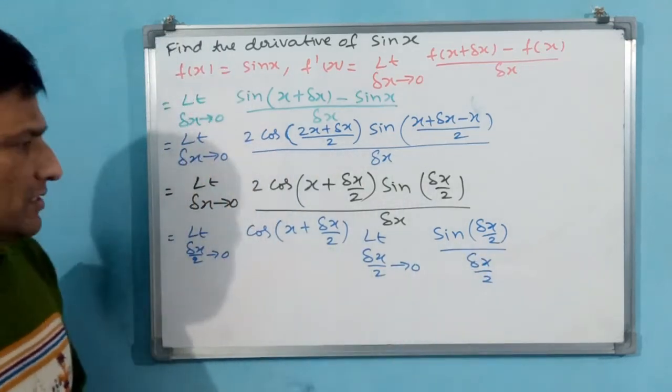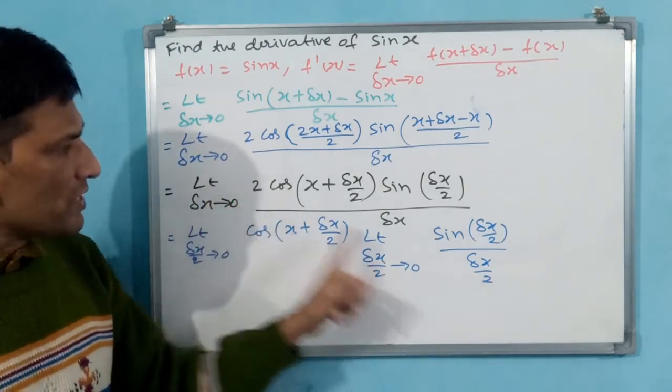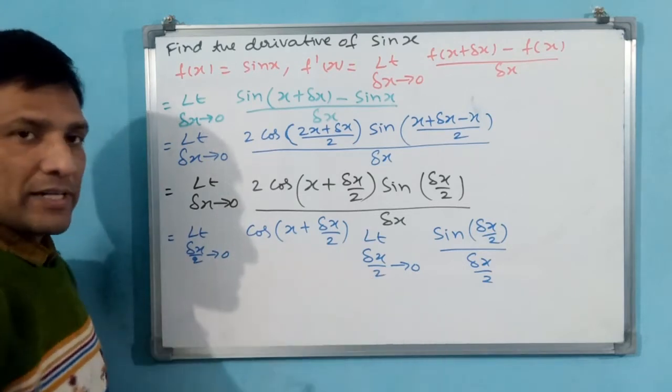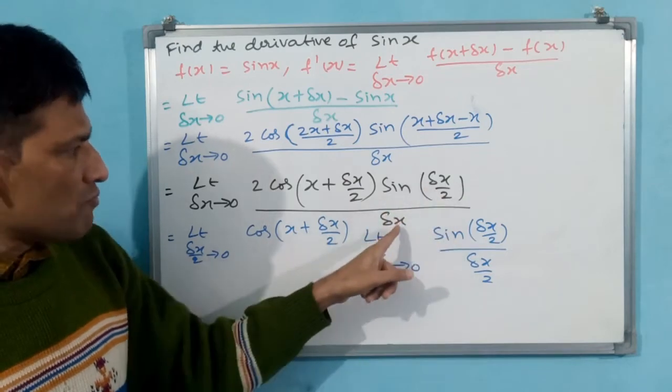See, this delta x by 2, how has it come? Because we have cancelled this 2 here, divided by 2, divided by 2. And delta x by 2 also, how has it come? I have told already.